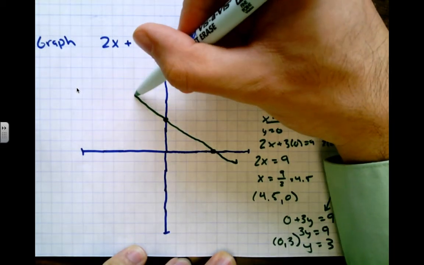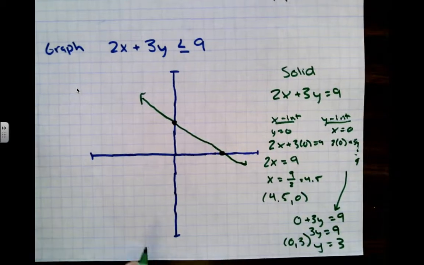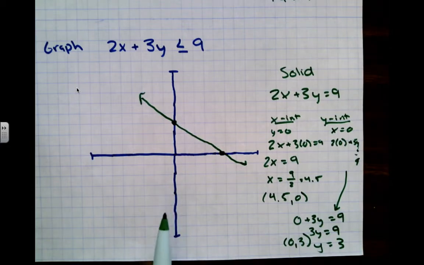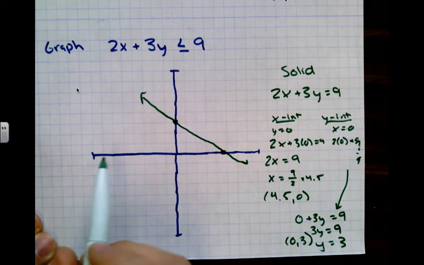Okay, now again, (0, 0) is not a point on this boundary line, so we could use that as our testing point.